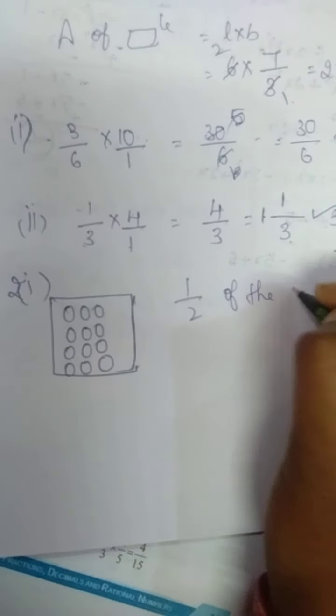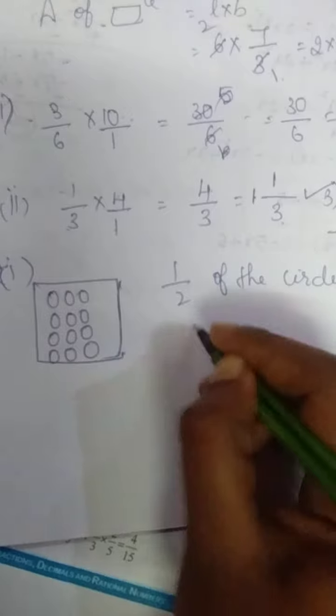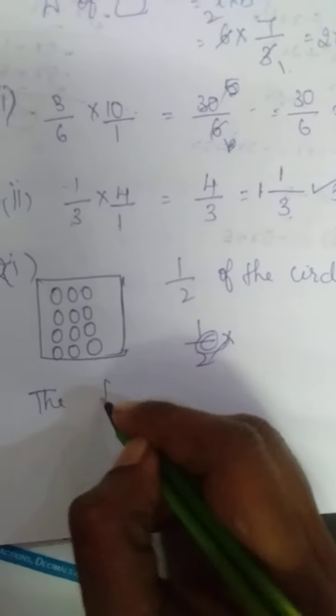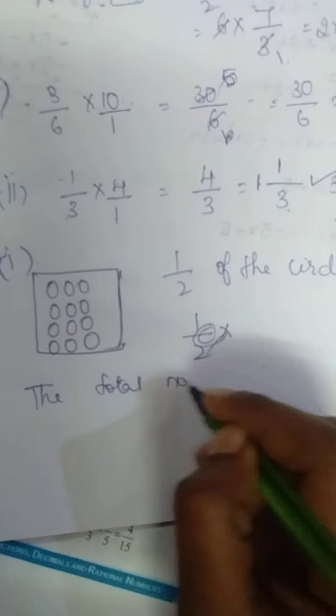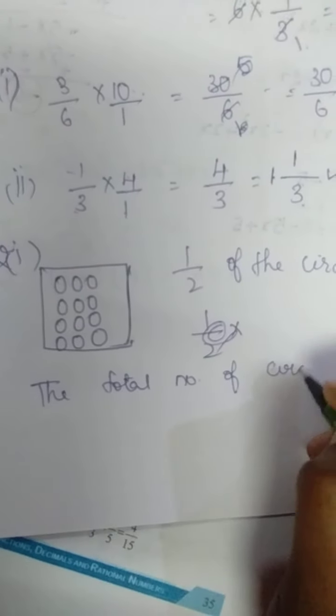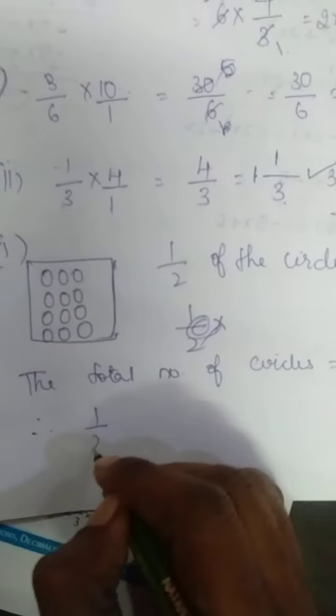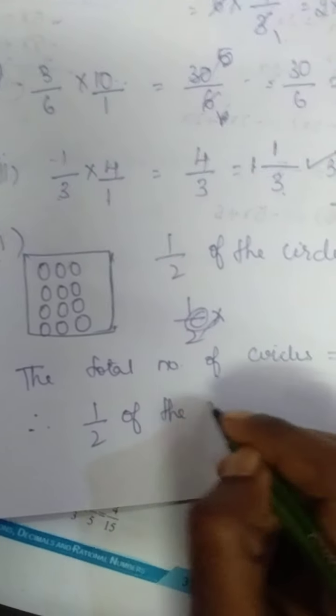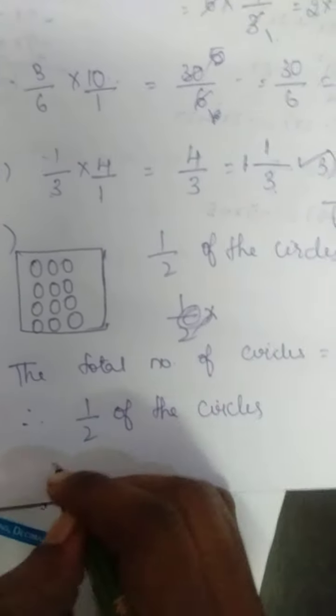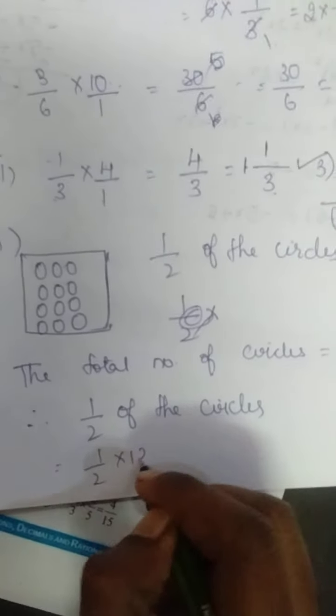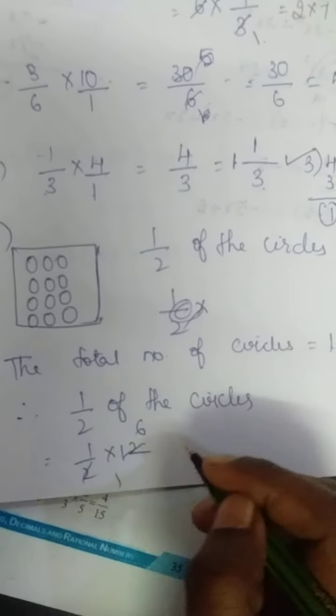Okay. 1/2 of the circles means 1/2 into, first write down here the total number of circles equal to how much? 12. Okay. Therefore 1/2 of the circles equal to 1/2 into 12. 2 ones are 2, 2 6s are 12.